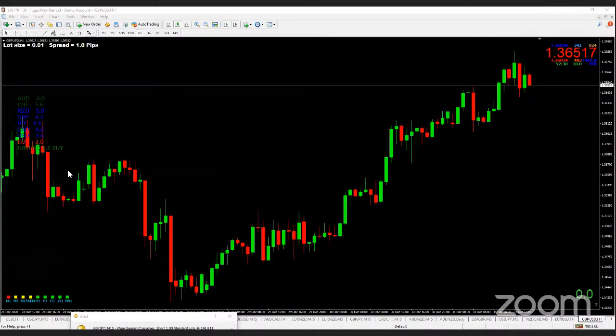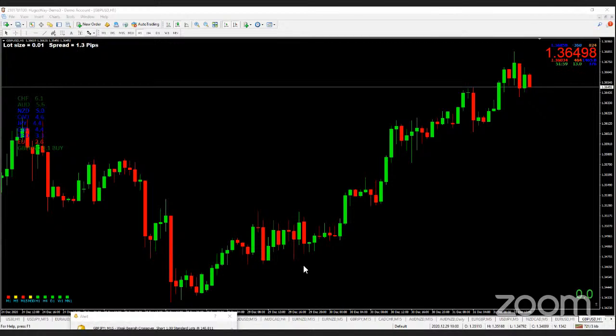So basically what we have here is a naked chart for the pound USD.